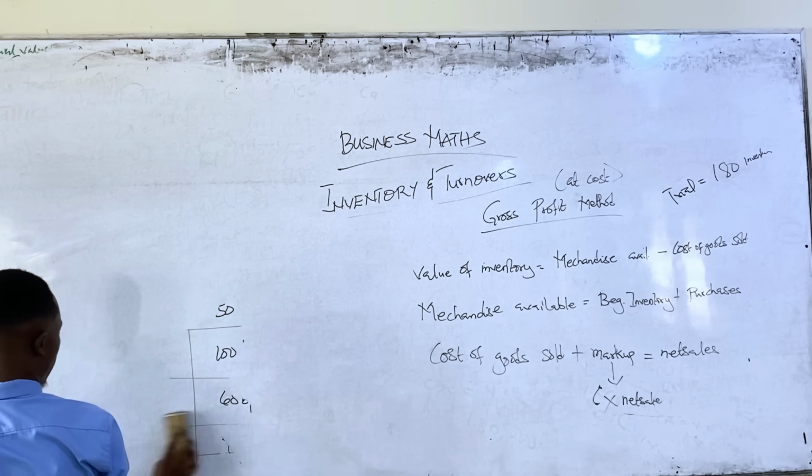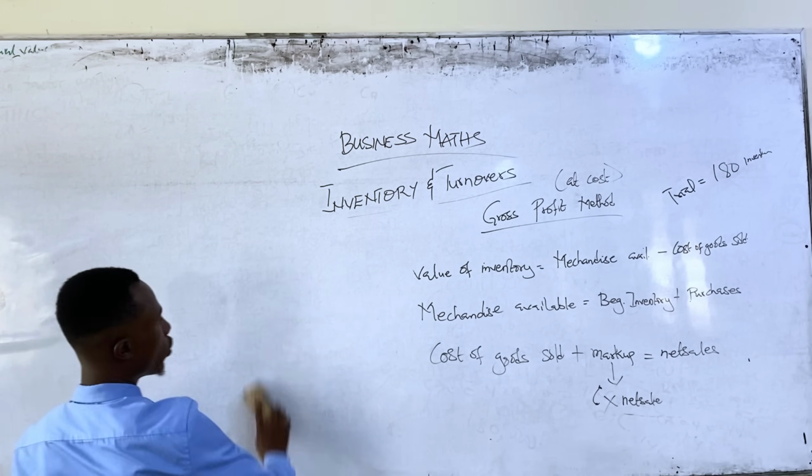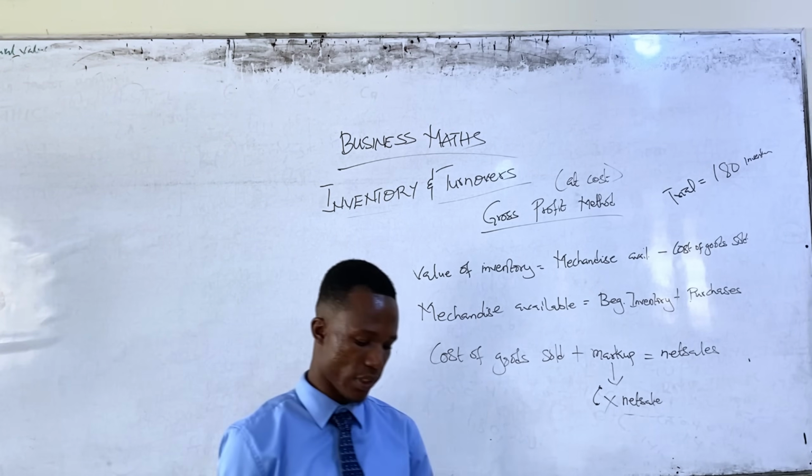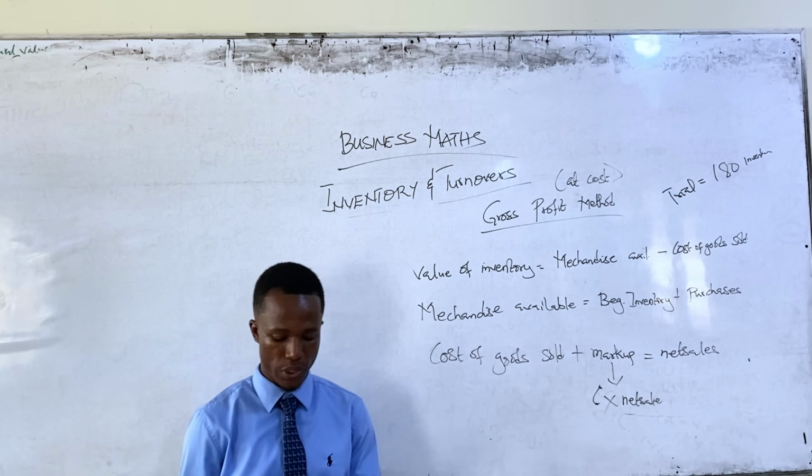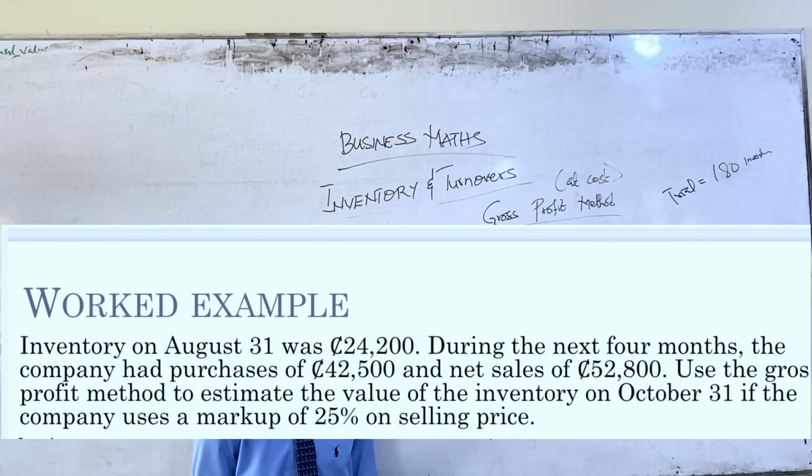So for the gross profit method, I'm reading the question and it's on your screen. You can also read alongside. Inventory on August 31st was 24,200.